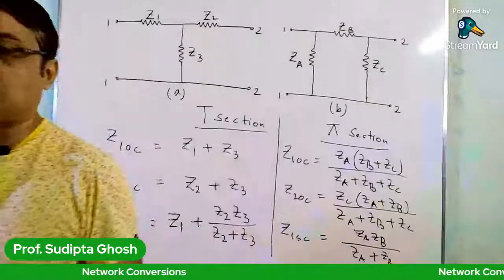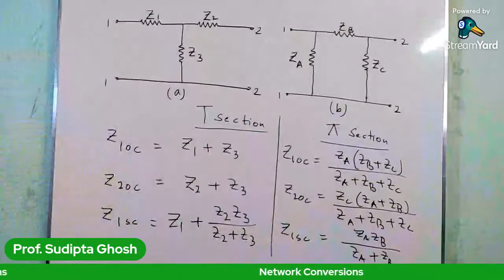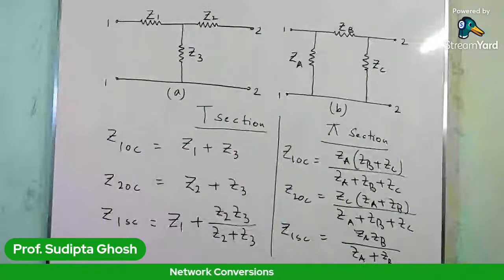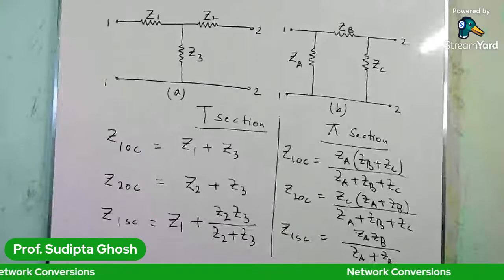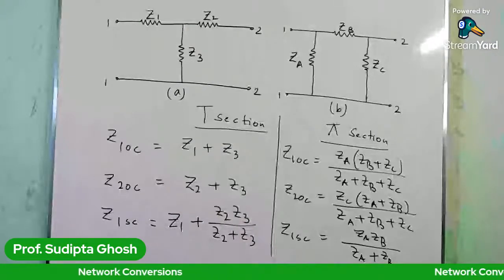In a black box representation, it would be impossible to distinguish the T from the pi circuit at a given frequency.